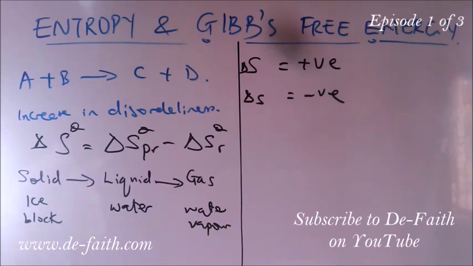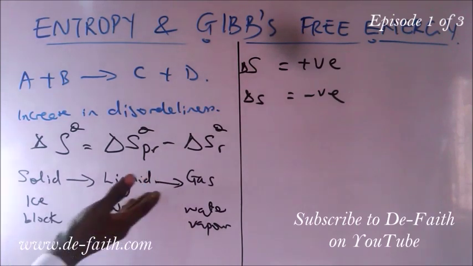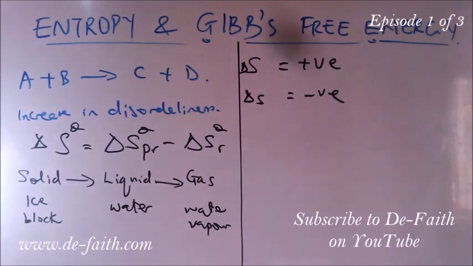Examples of processes in which we have an entropy change increase include the process of melting solid into liquid, or breaking down of large molecules into smaller molecules, or cases of dissociation of a particle, or a case of evaporation whereby water turns into gas.